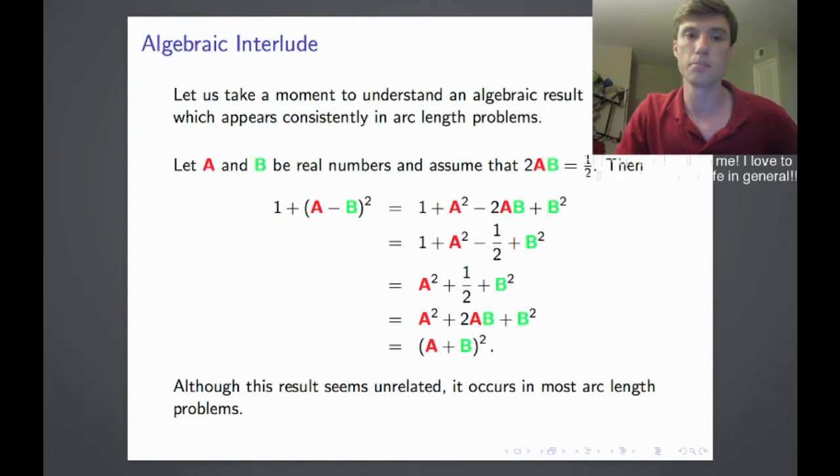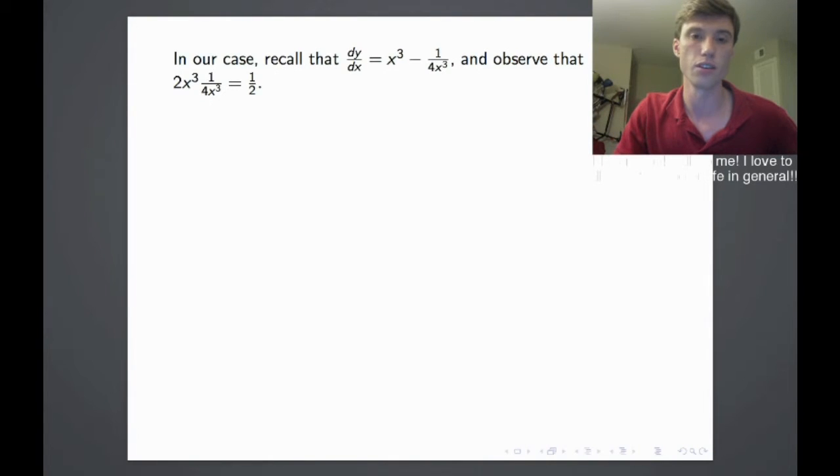This pattern, although seemingly unrelated, occurs in almost every arc length problem, and you should understand and be able to manipulate algebraic quantities in such a fashion. So in our case, we had that dy/dx was equal to x cubed minus 1 over 4x cubed.